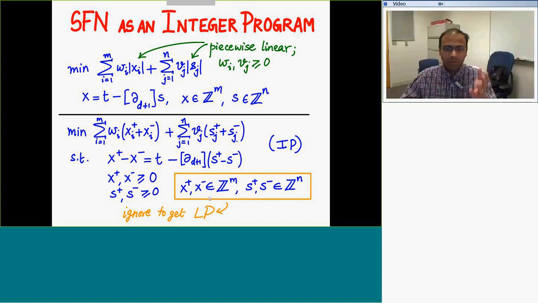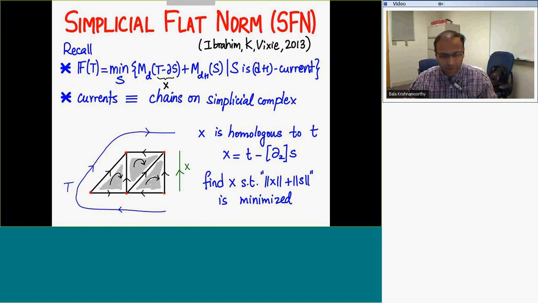Yeah, it's an integer chain, right? So you have the picture here. You can represent your input t as, like, 1, 2, 3, 4, 5, 6, 7 edges. So you have a 7-vector, which is an integer vector. And here for t, I'll have 1, 1, 1, minus 1 as the values for four of those entries and zeros for the other entries.